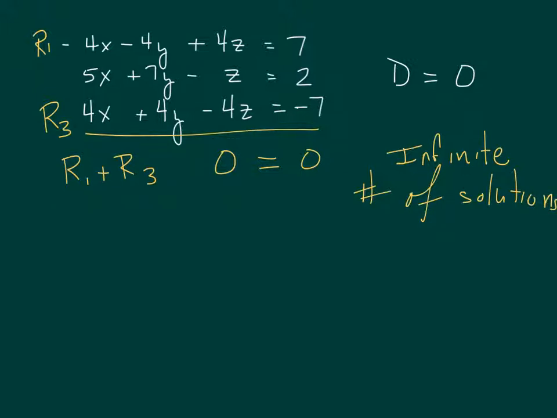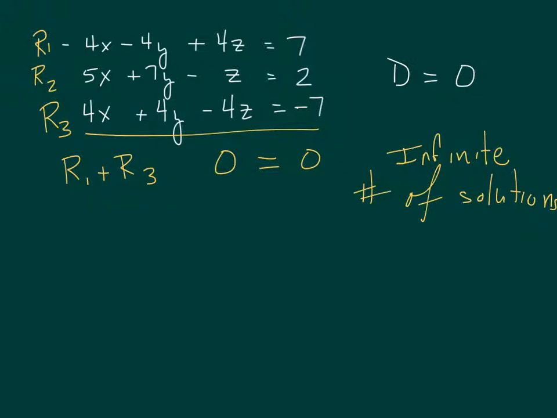So now we just need to figure out the pattern or the form of those solutions. So we now have just two equations left, the first equation and the second equation.